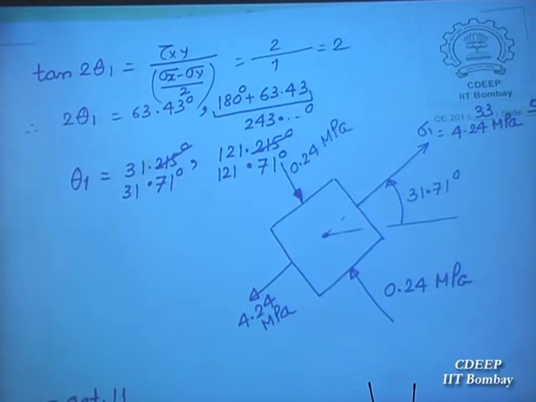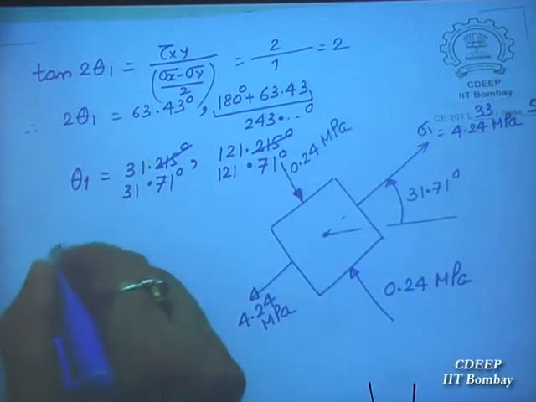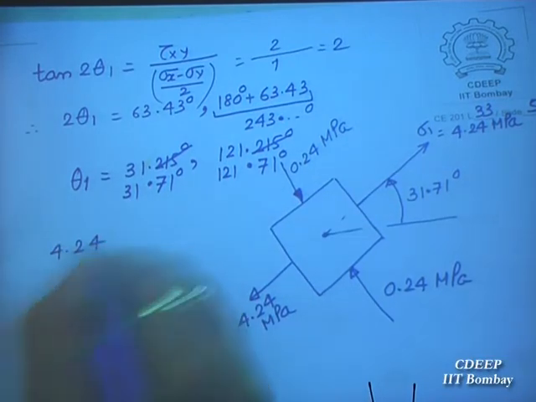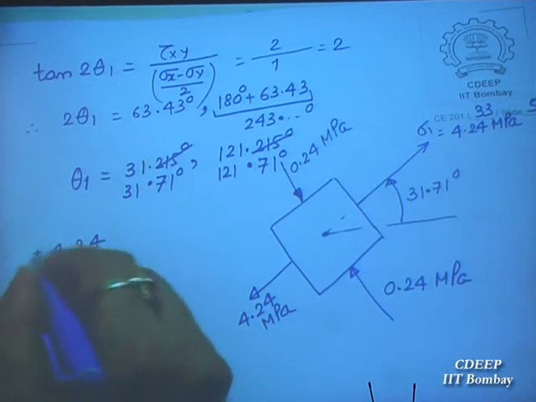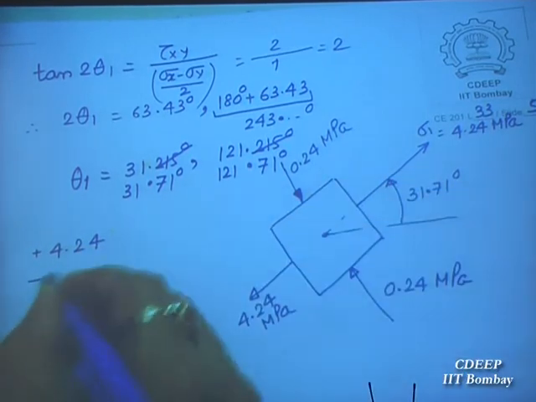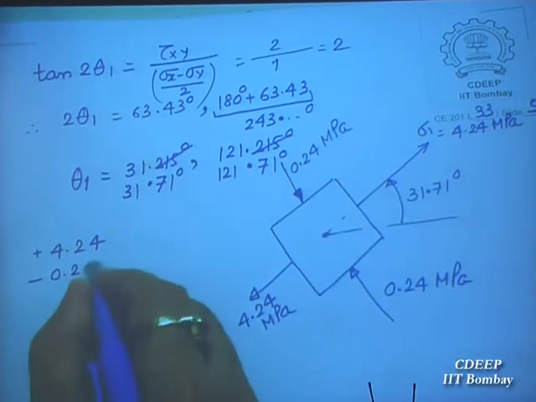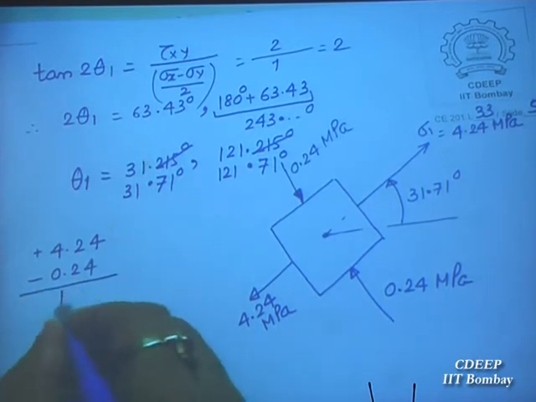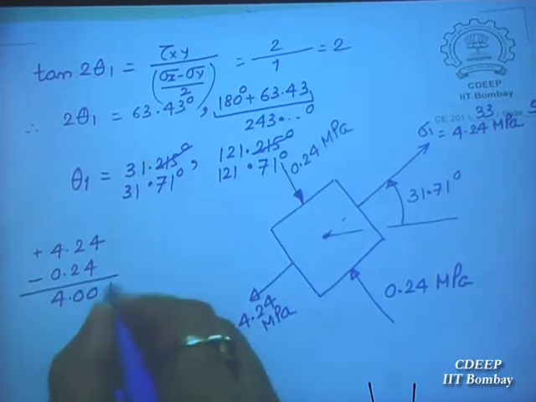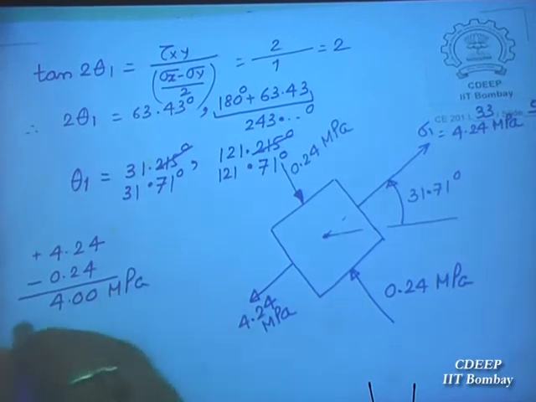So this is the principal stress. Now please check whether this 4.24 is a plus, and the other one is minus 0.24, sum is 4. So this is okay.